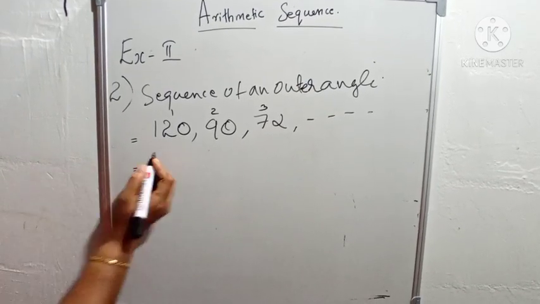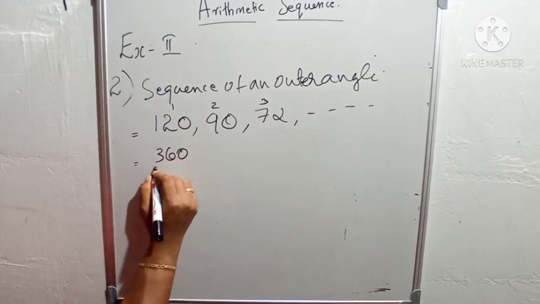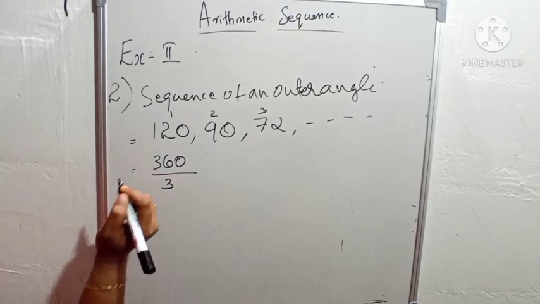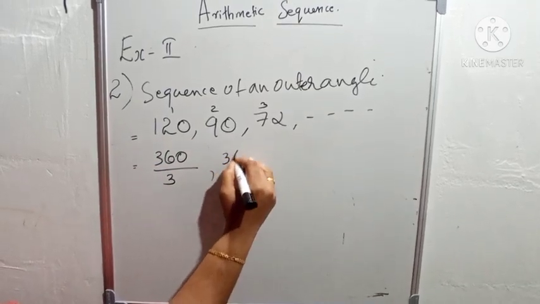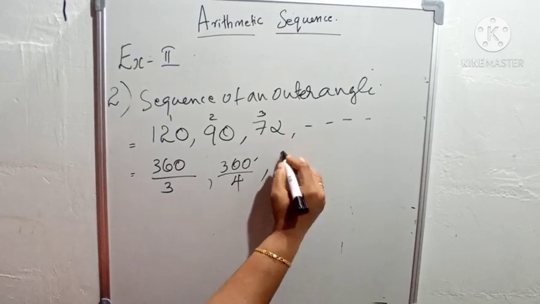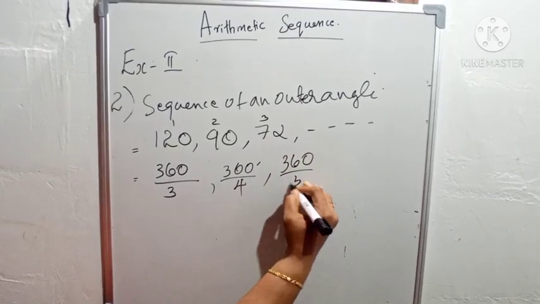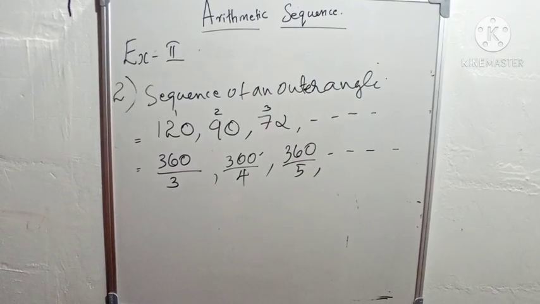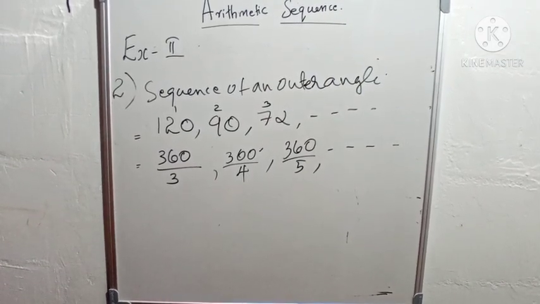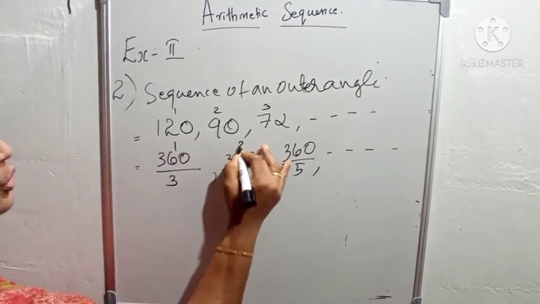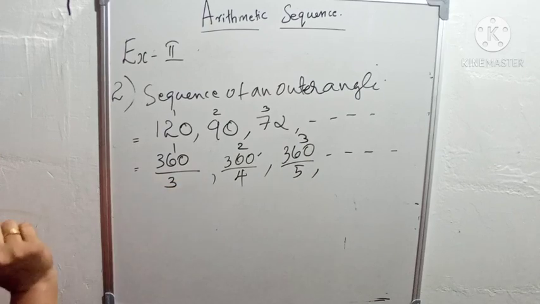So the first term is actually 360 divided by 3, right? And this one is 360 divided by 4, and this one is 360 divided by 5, like that. Okay, then how do we connect this with the positions? Yes, 1, 2, 3 are the positions.